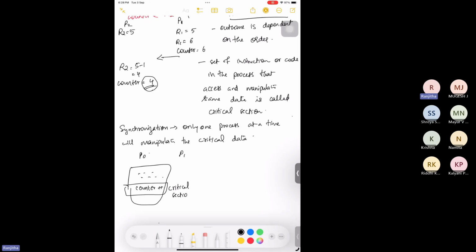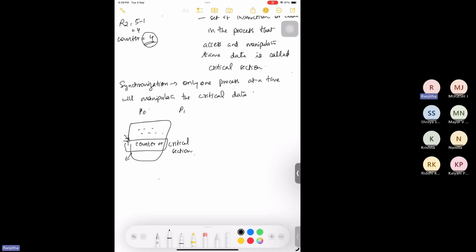And how we ensure synchronization is that before entering into the critical section, we will do some locking mechanism. And once the process exits the critical section, the lock will be released. So that is how this synchronization is achieved or race condition is prevented. So this is the basic logic. In P1 also we have this counter plus plus.